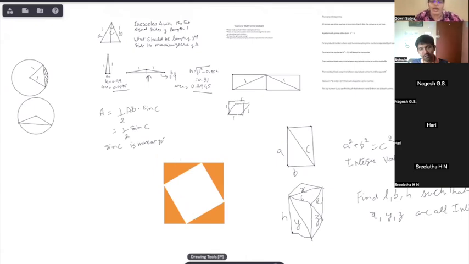The square will be one anyway, no matter what I do. This will be the height, this will be half. So the inside square is actually fixed to be one square.